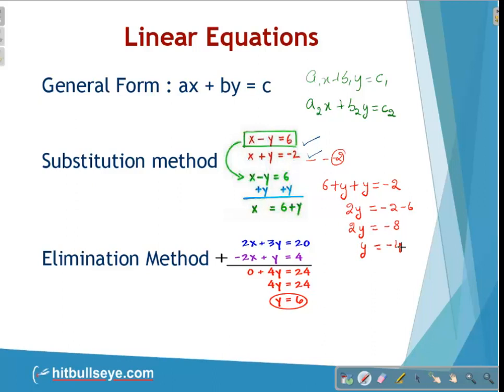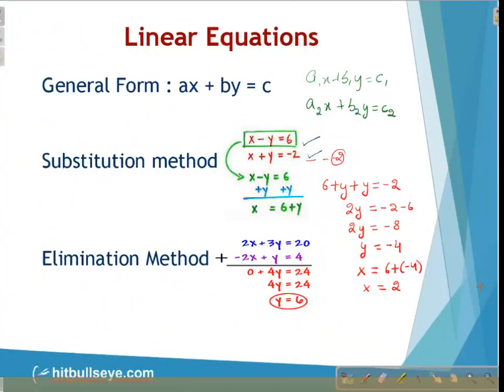Now because we have derived the value of y, we will put this value of y in the derived value of x in terms of y. That is, we'll get x equals to 6 plus minus 4 and we'll get the value of x as 2. So this is how we will get the values for the equations.